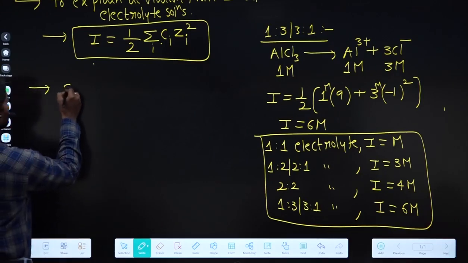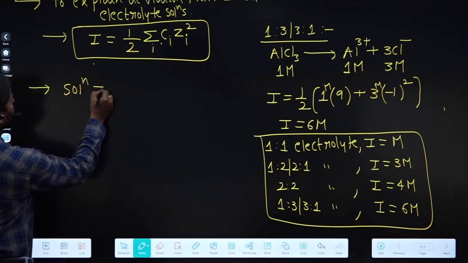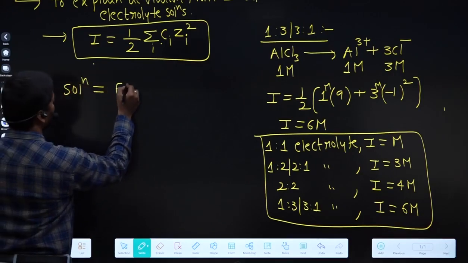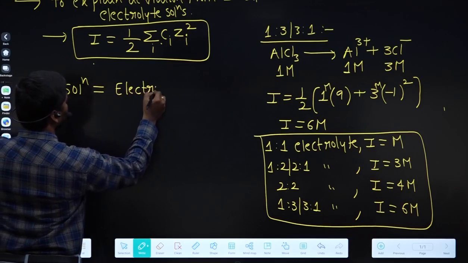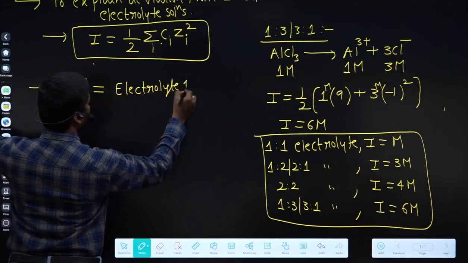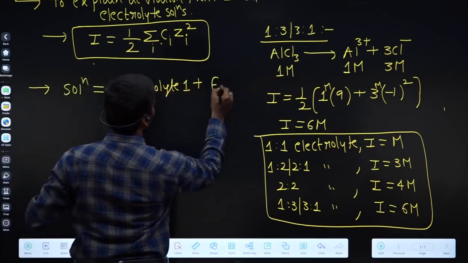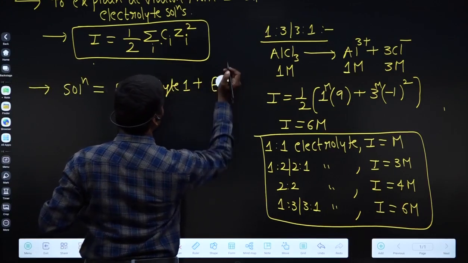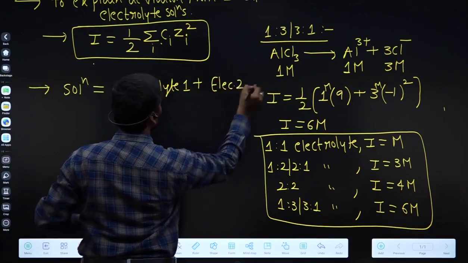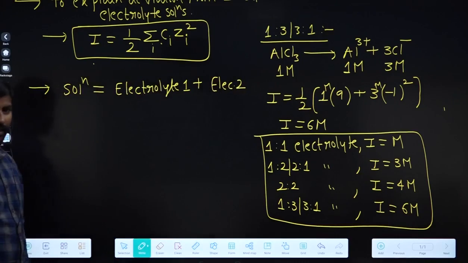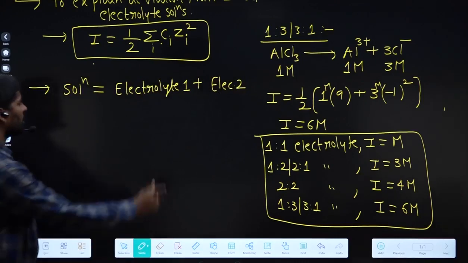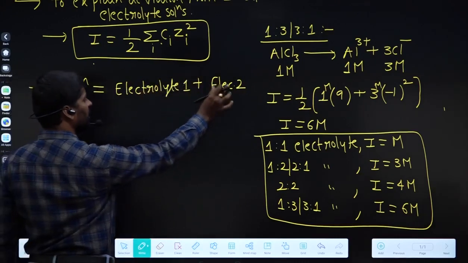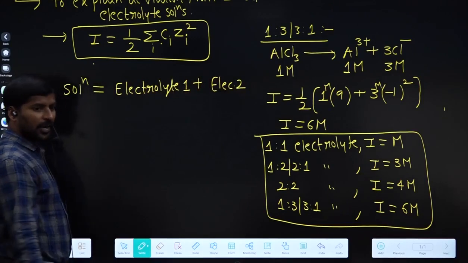For example, in a given solution, two electrolytes are there, electrolyte 1 and electrolyte 2. The ionic strength of the first electrolyte is I1, the ionic strength of the second electrolyte is I2.